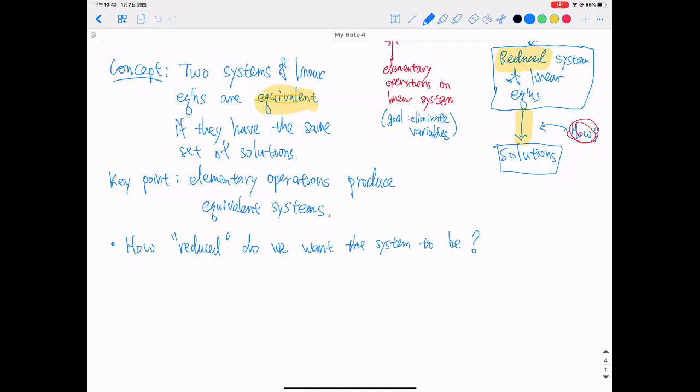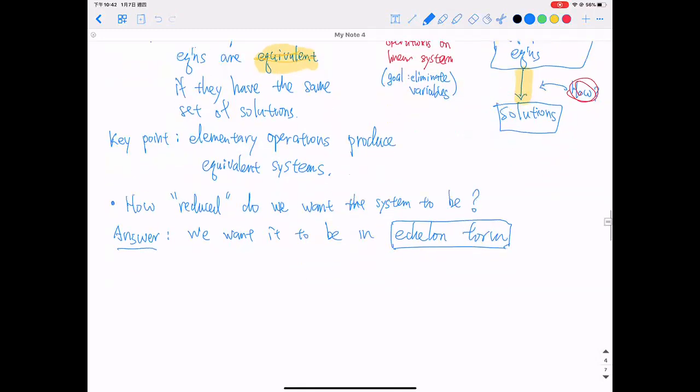Okay, and again, we're going to use the correspondence between systems of linear equations and augmented matrices to do this discussion. So the answer to this question is, we want it to be in what we call echelon form. Okay, so let's make that definition.